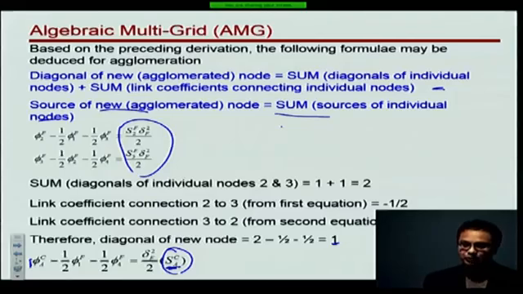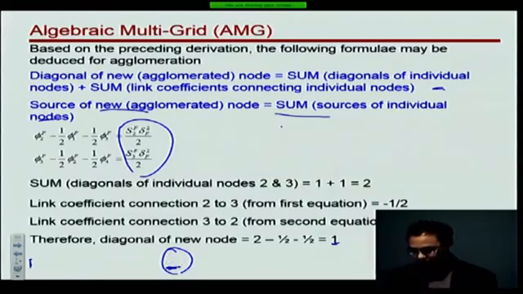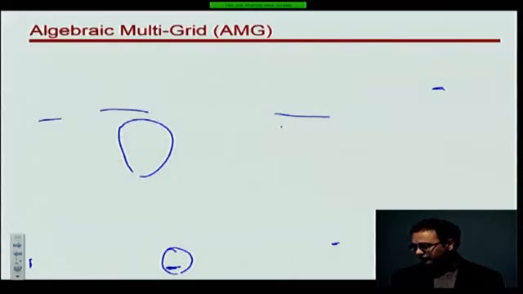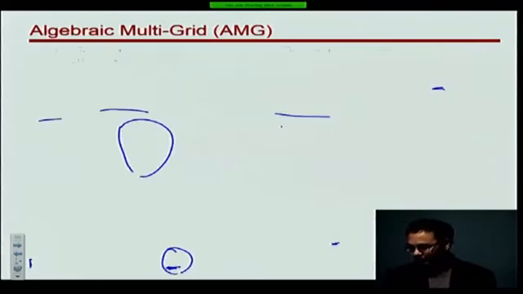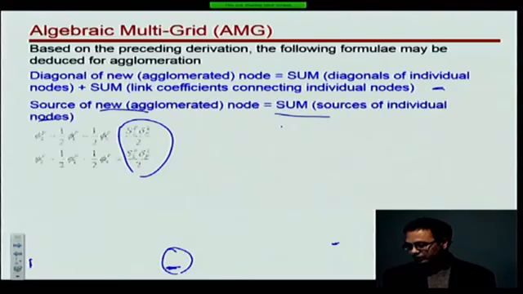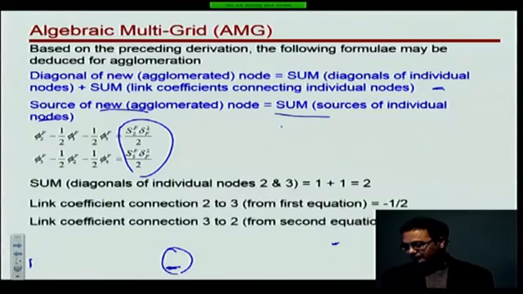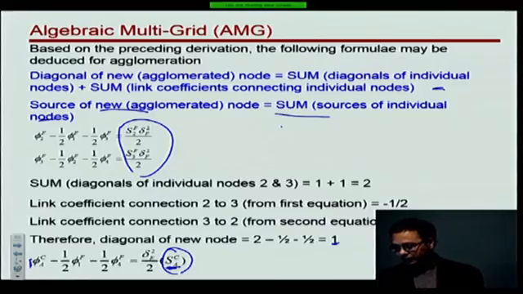For example, if you agglomerated 4 and 5 in addition, if I go back here, these two guys, then not only will you have a new equation for that, these equations here will also change because you will no longer have 4.